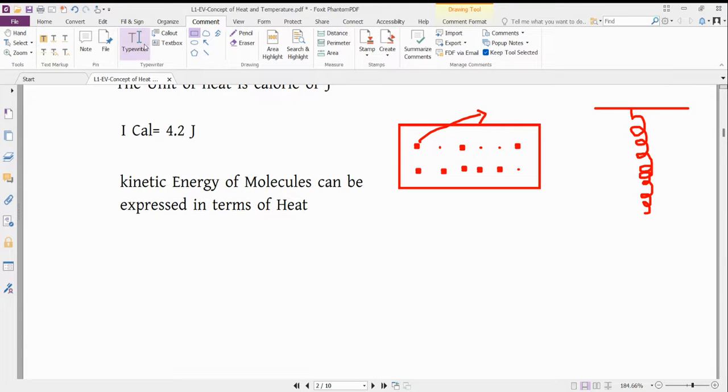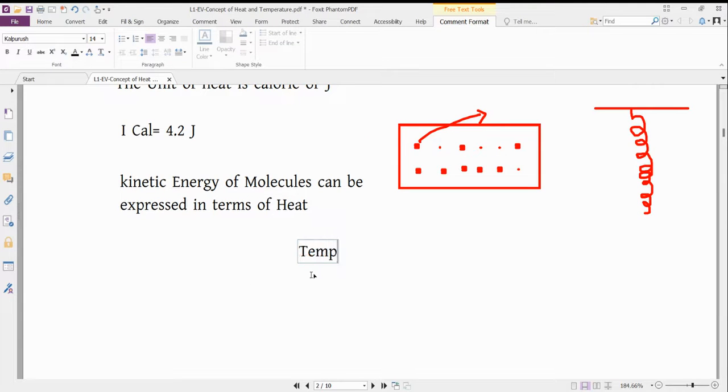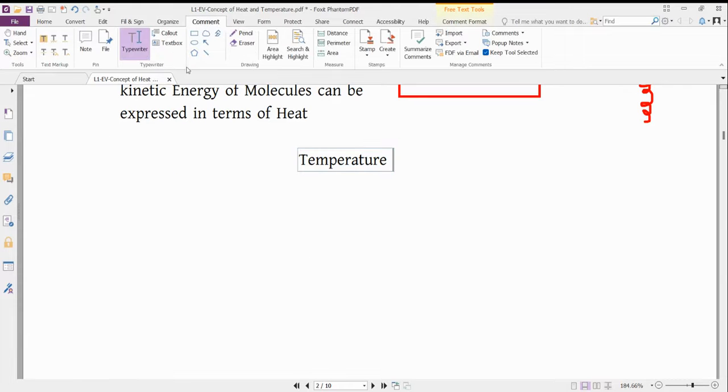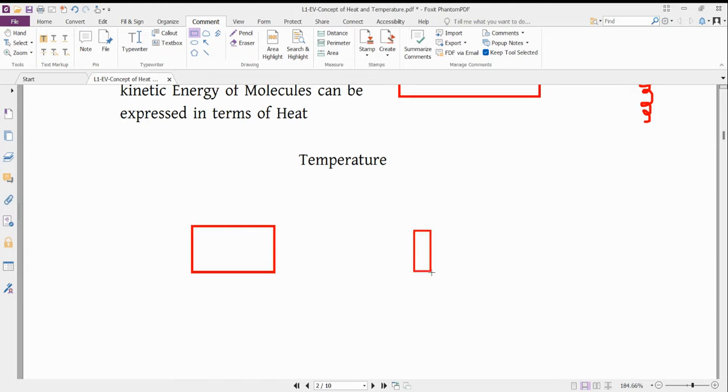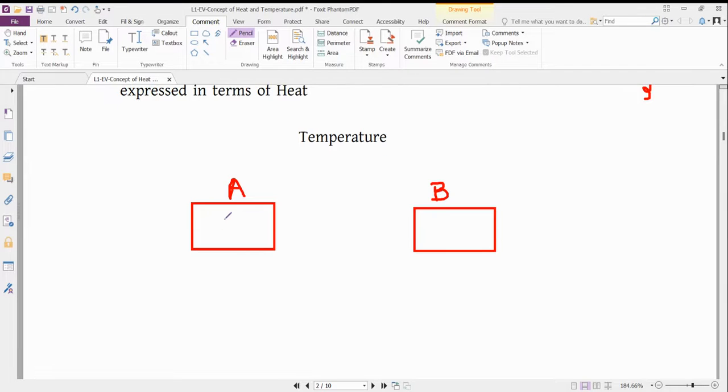Before discussing temperature, I normally ask the students a question. Let us consider two objects, first A, and then second B. Let us consider the heat energy of this body is 200 joule, and the heat energy of this body is 300 joule.